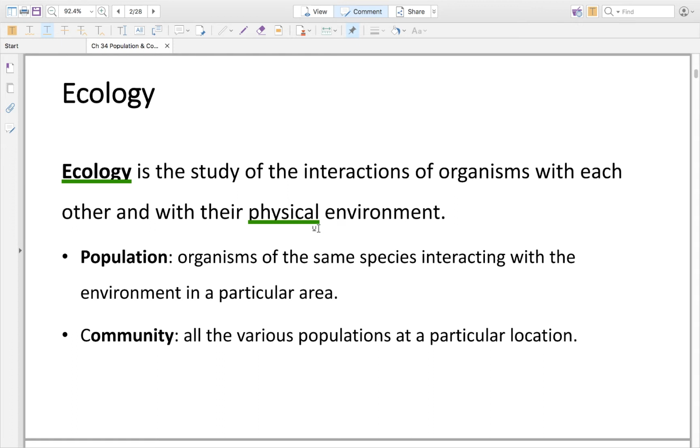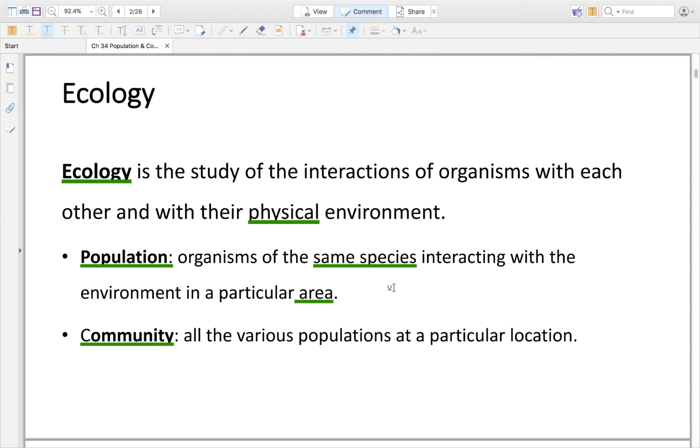There's different branches of ecology. Today we're going to talk about population ecology and community ecology. So remember, a population is a group of the same species, and they have to be in the same area. And of course, they interact with one another and with their environment as well.